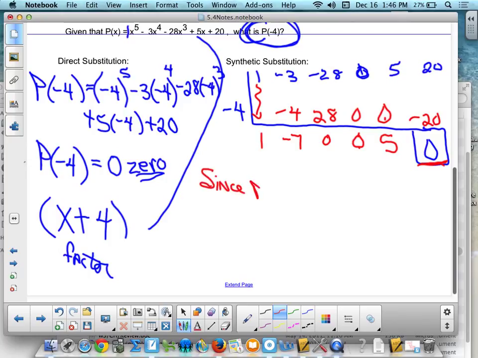Since plugging -4 in results in what for an answer? A zero remainder.